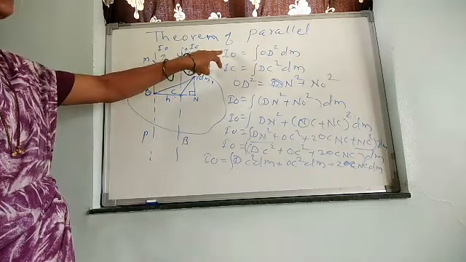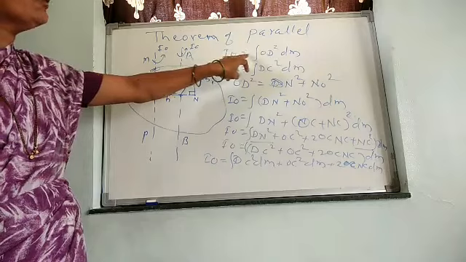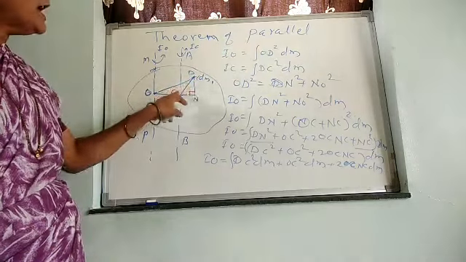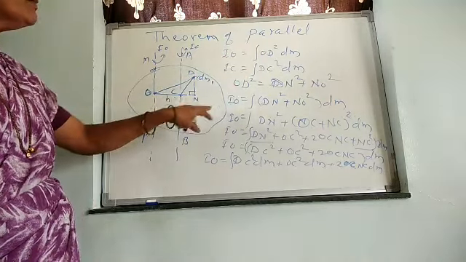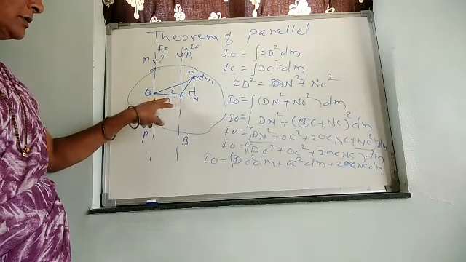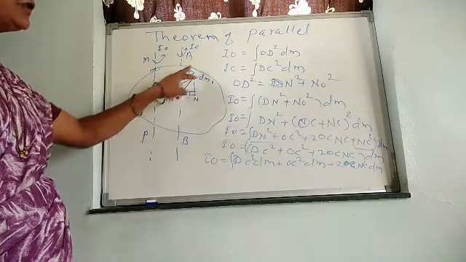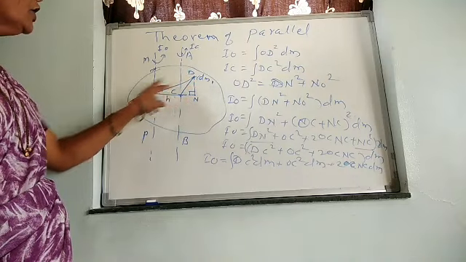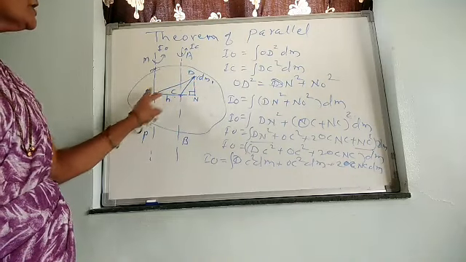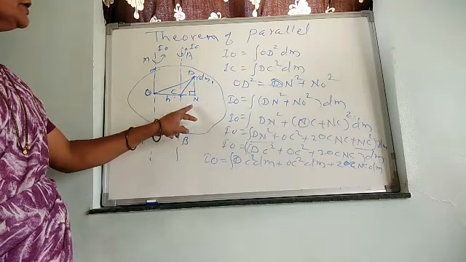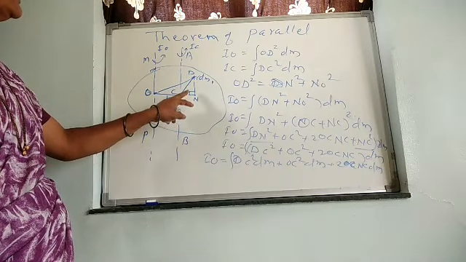Therefore, moment of inertia about an axis passing through point O is IO is equal to integral OD square dm. IC is equal to integral CD square dm. As you know, we have drawn DN perpendicular to OC produced, and this is a right angle triangle. Then you can write OD square is equal to DN square plus NO square.